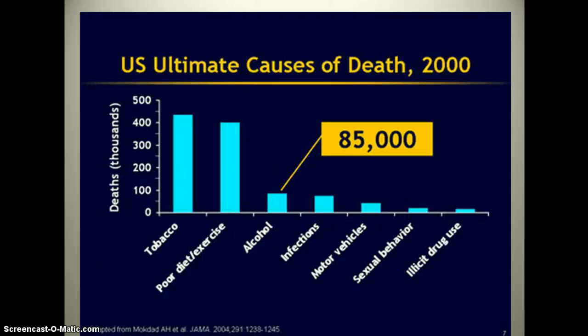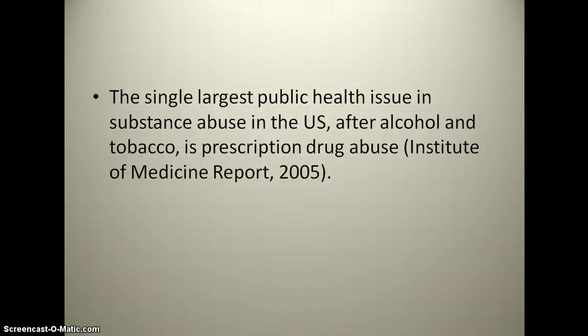So the deaths from alcohol alone overshadow all the deaths from illicit drug use. So I just want you to be aware of that. And then if you look at tobacco, it's unbelievable. So I mean, ridiculous number of people die every year because of tobacco-related illness. The single largest public health issue in substance abuse in the United States, after alcohol and tobacco, though, is prescription drug abuse.